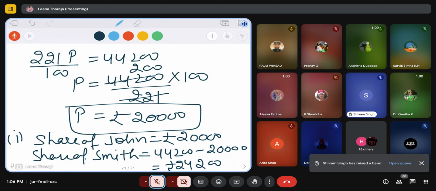Correct. What will they receive means they are asking you to calculate the amount when they come to 16 years. That means both are receiving the same amount, correct? If you calculate for one, it will be the same for the other, right?